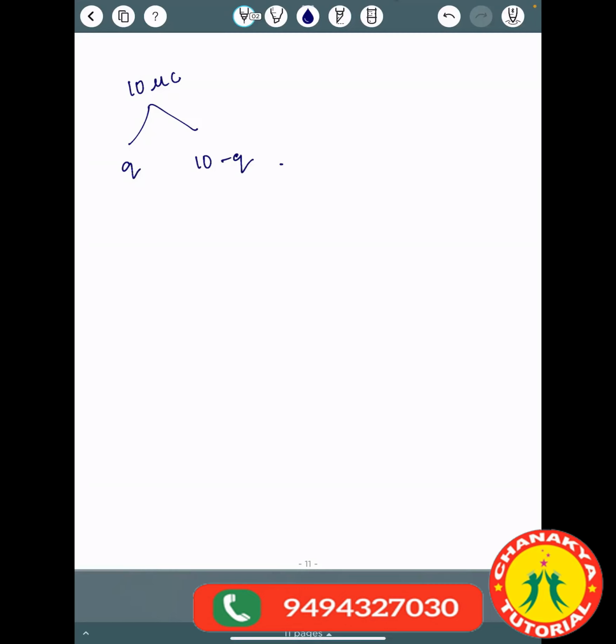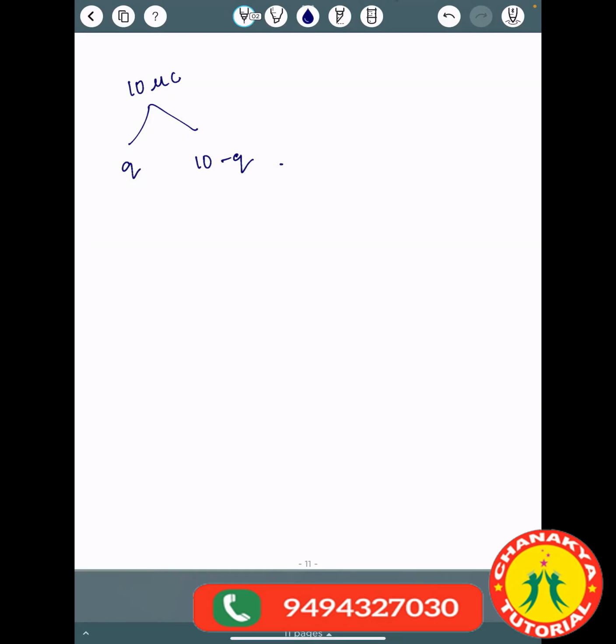One second, guys. Okay, so you can assume that one charge is Q and another charge will be 10 minus Q. So what will be the force? Force will be K Q into 10 minus Q by 1 centimeter.